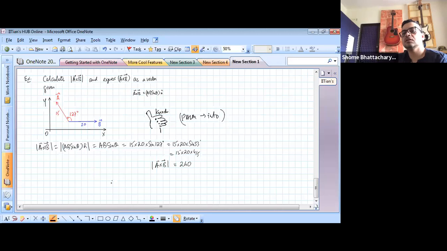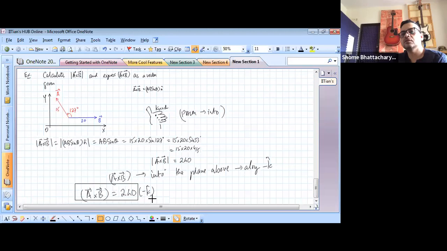So that means A cross B is into the plane. So that means it is along minus k cap. Okay. So expressed as a vector now, A cross B will become its magnitude, which is 240, multiplied by its unit vector, which is minus k. Okay. So this will become the answer to the second part.